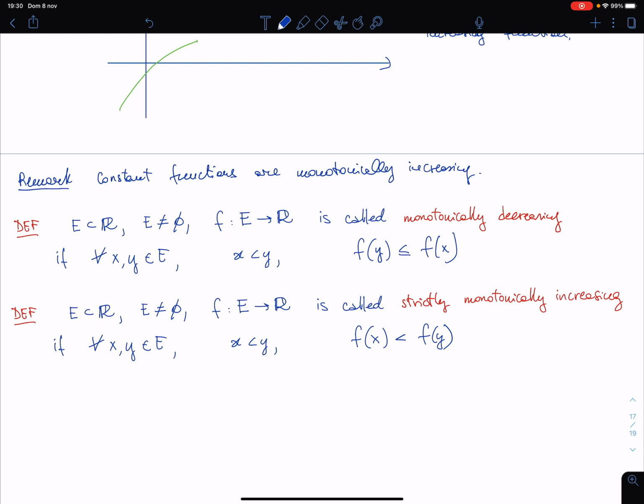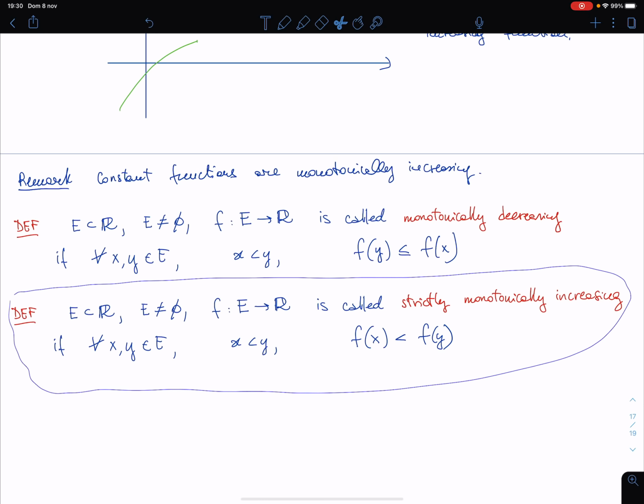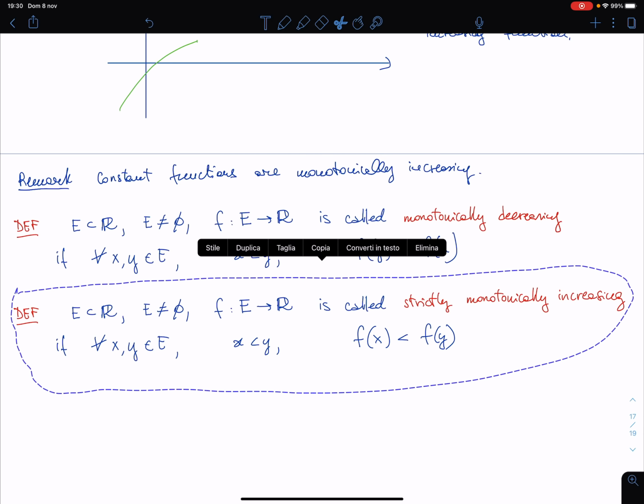And in the same spirit, we can introduce the definition of strictly monotonically decreasing.